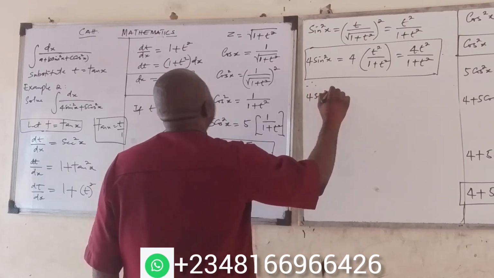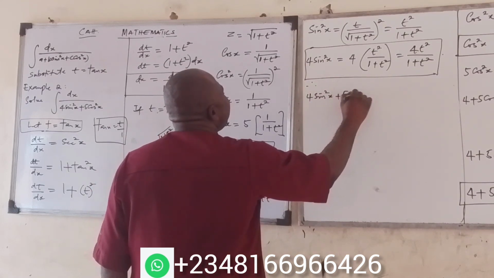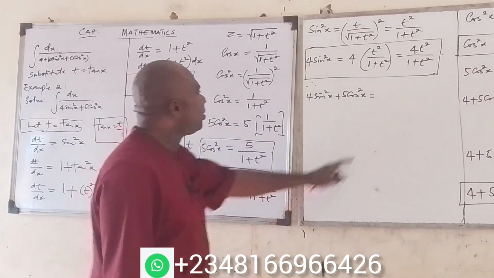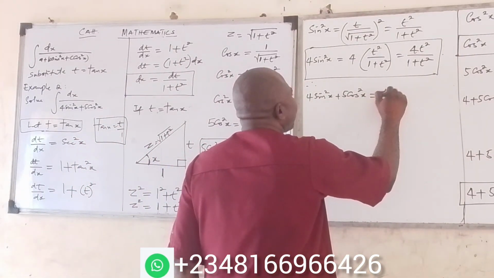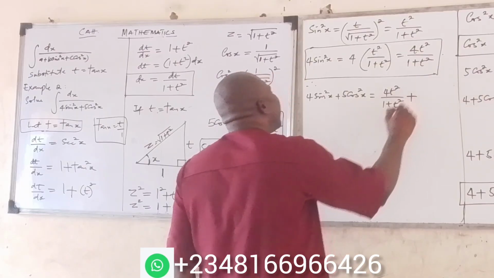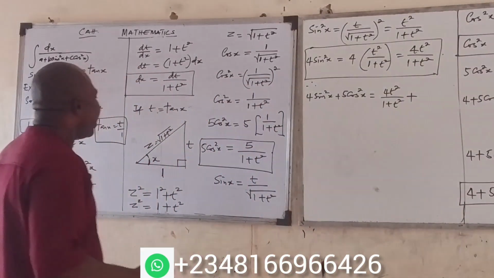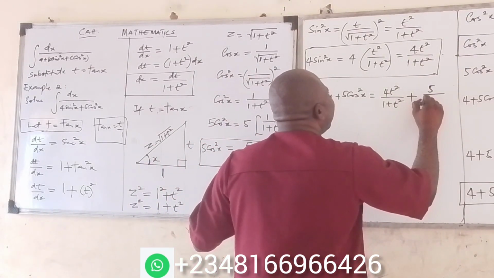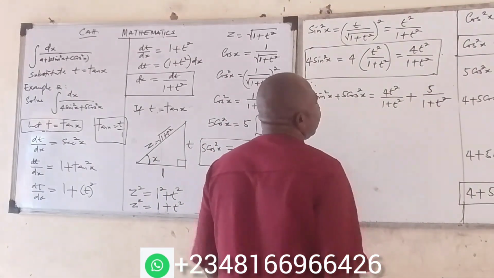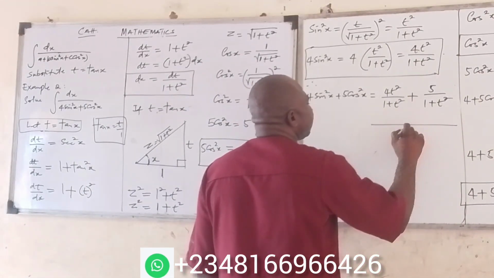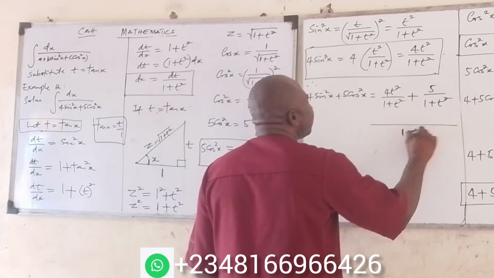So 4 sine squared x plus 5 cos squared x. 4 sine squared x is 4T squared all over 1 plus T squared. Then we have plus 5 cos squared x, which is 5 all over 1 plus T squared. Now the LCM of this 1 plus T squared and this 1 plus T squared is 1 plus T squared.